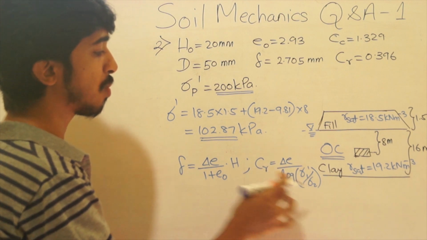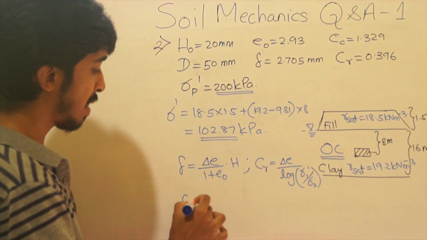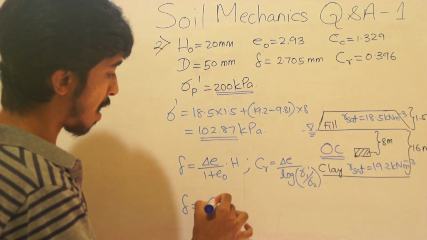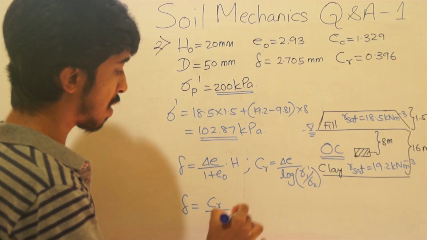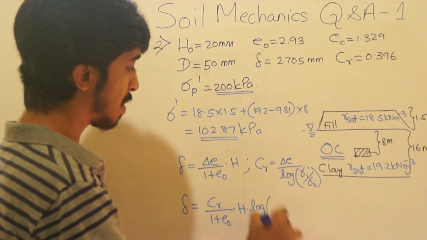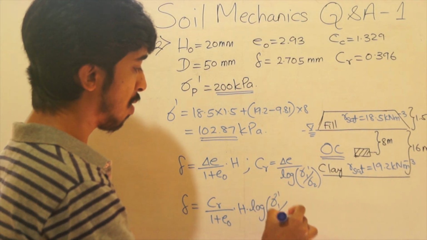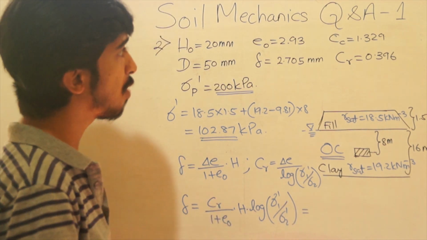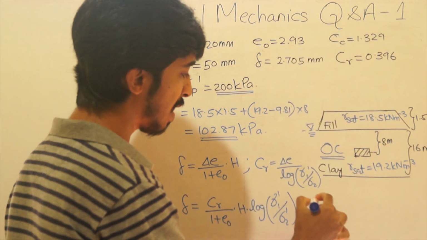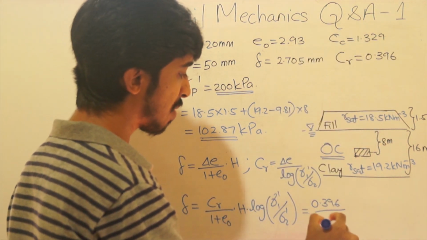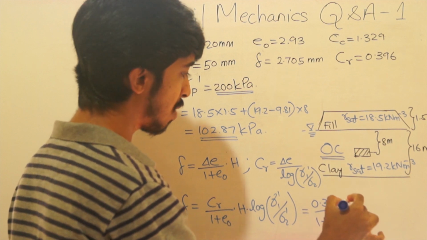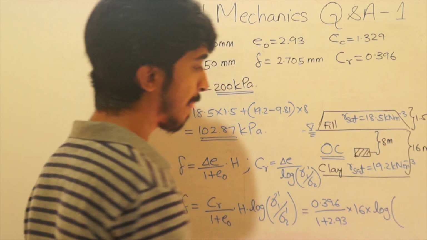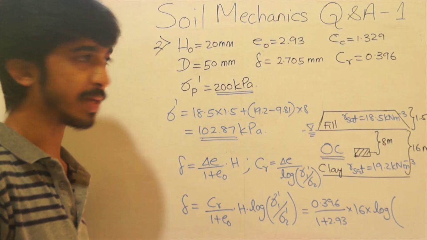Combining these two equations, we get delta equal to CR over 1 plus e naught times H times log sigma 1 dash over sigma 2 dash. We know the value of CR from the laboratory data, 0.369, over 1 plus the initial void ratio 2.93, times the total clay layer thickness 16 meter, times log sigma 1 dash over sigma 2 dash.